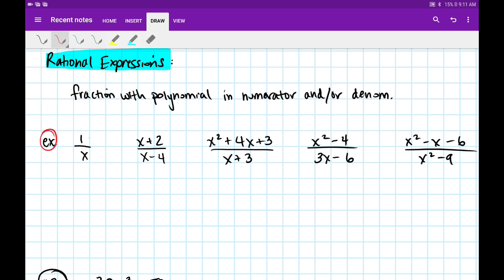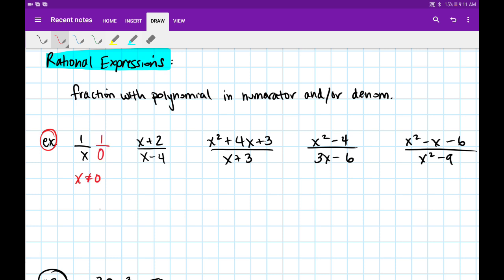But when I'm dealing with rational expressions, there is one value, looking at this first rational expression right now, there's one value of x that I cannot plug in because it will give me an undefined, or it does not exist, or an error if I put it in my calculator. In this case, x cannot equal 0 because I can't divide by 0.